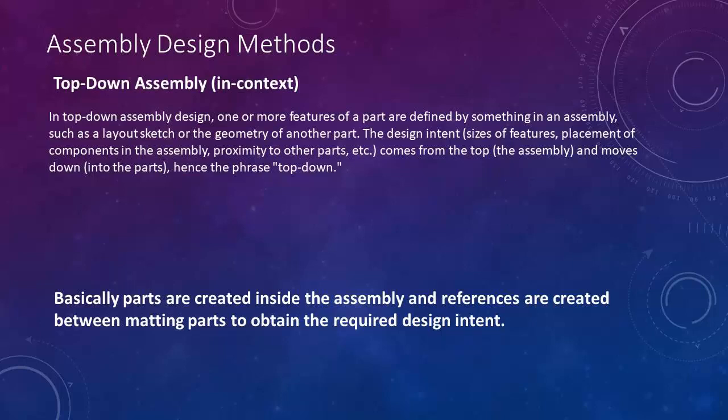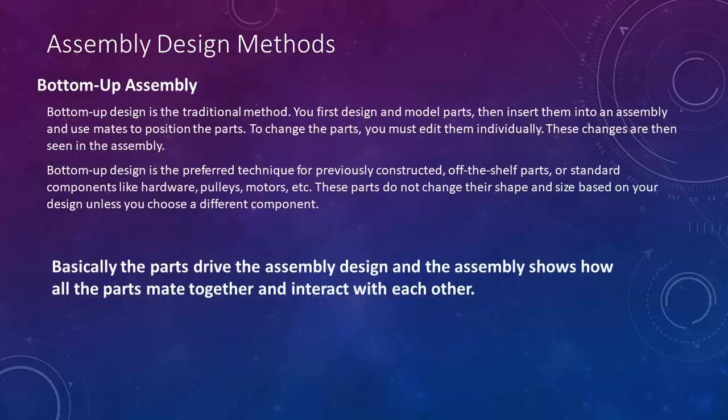intent changes, and it's really good in developing and prototyping of your overall assembly design. Bottom-up assemblies. Bottom-up assemblies, basically the parts drive the assembly design, and the assembly shows how all the parts mate together and interact with each other. So in a nutshell here, you create your parts and you put them inside the assembly.